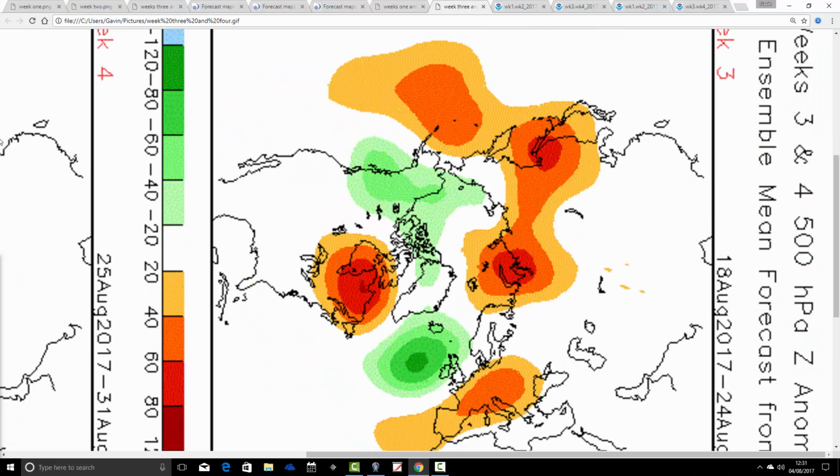Week 3 takes us to the 18th to the 24th of August. Still looking unsettled for the northwest. Can't get rid of that area of below average heights just to our northwest, so low pressure's up there. Then we've got this ridge through many parts of Europe.